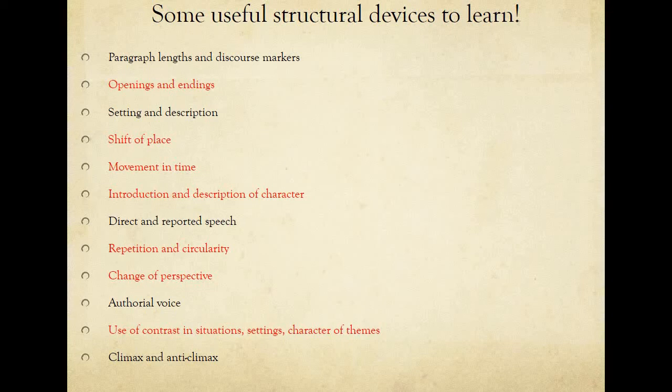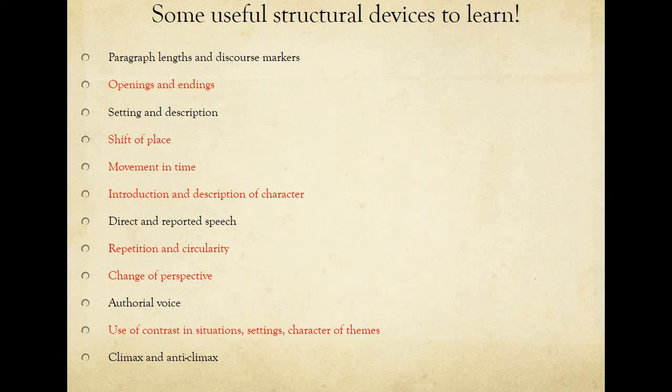Looking at all of the different extracts and openings to novels that AQA have used in the exam so far, these seem to be the key elements of structural devices that are the most useful for you to use and get comfortable with, and really think about always questioning and identifying as you're reading these extracts.